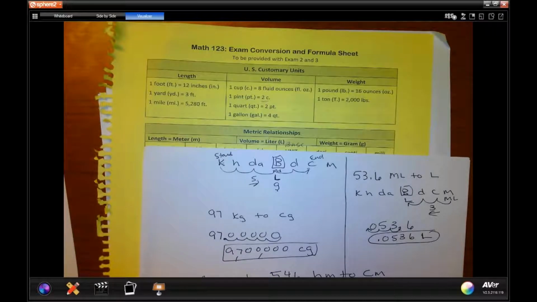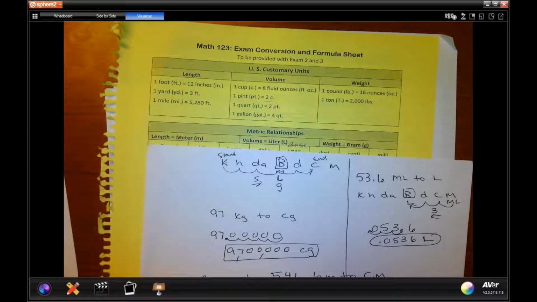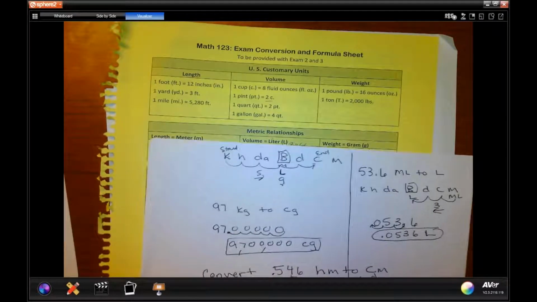You can't just go look up something on the internet on the next test. You will get caught very easily in the testing center doing that. You're going to have this sheet and this sheet only. And you have to show your work how you got it, not just look it up on the internet. Okay.